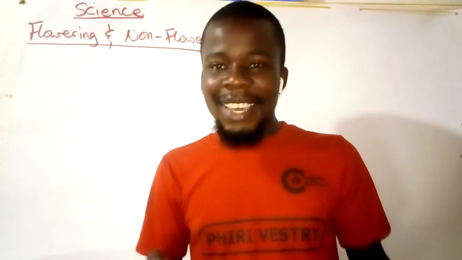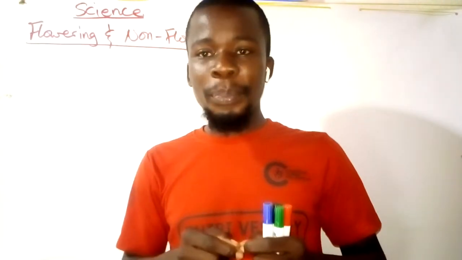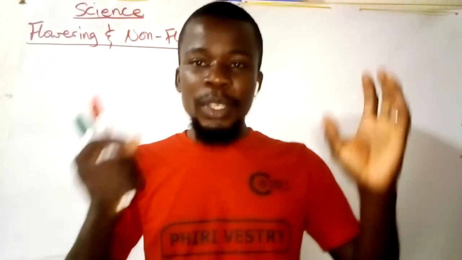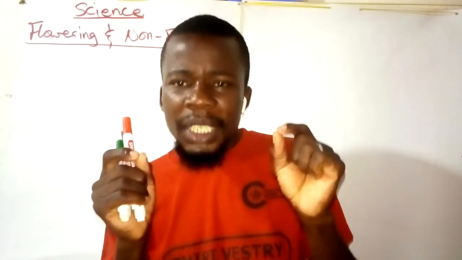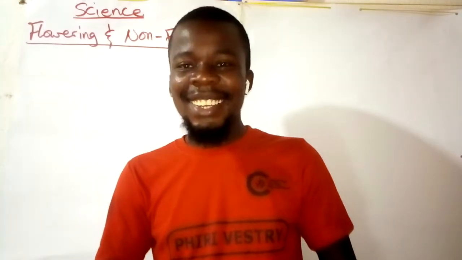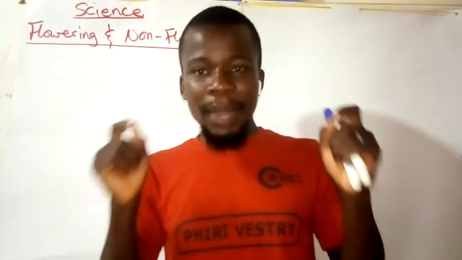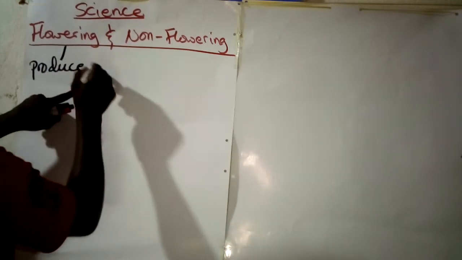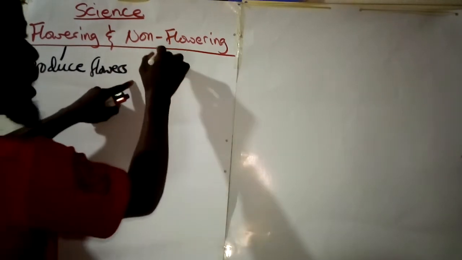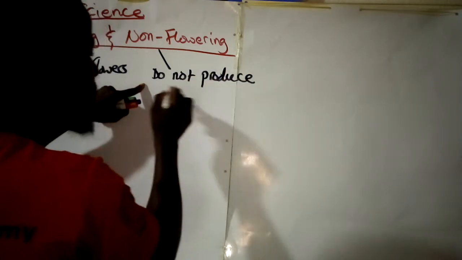What are flowering plants? The flowering plants are the plants which produce flowers, while non-flowering plants are the plants which do not produce flowers.